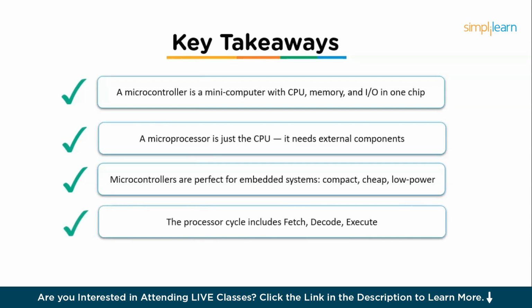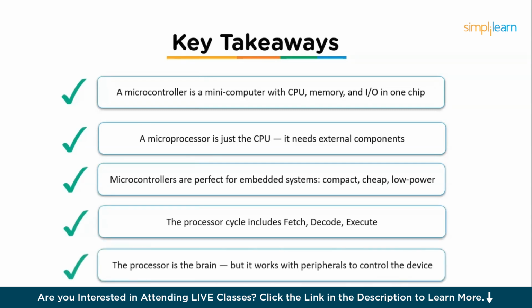The processor cycle includes fetch, decode, and execute. The processor is the brain, but it works with the peripherals to control the device. So microcontrollers are all around us. They make our devices smart, efficient, and interactive. By understanding how they work, you are opening the door to a whole world of innovation, electronics, and automation. See you in the next module.